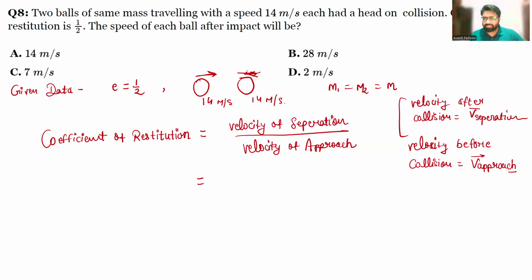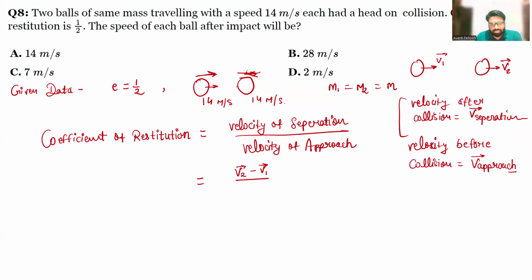And these are the velocities, so we must be careful about the directions. Okay. Now for velocity of separation, let's say after the collision, the balls are moving with V1 and V2 velocities. Now this is V2 vector minus V1 vector divided by velocity of approach.